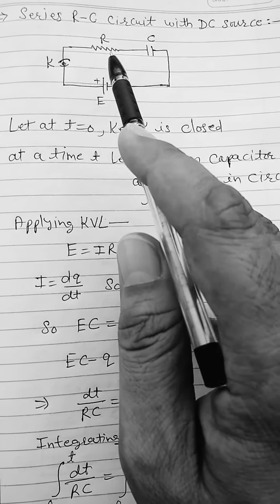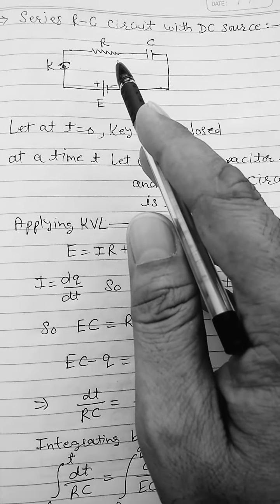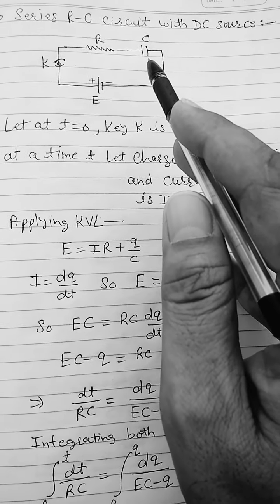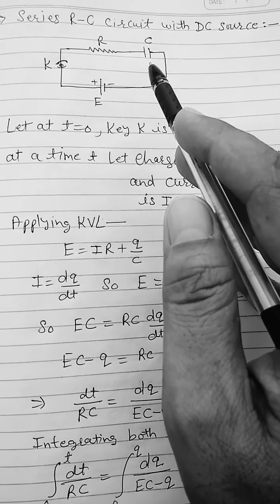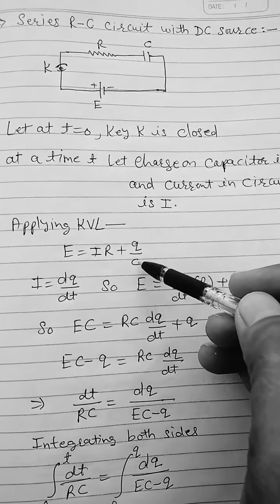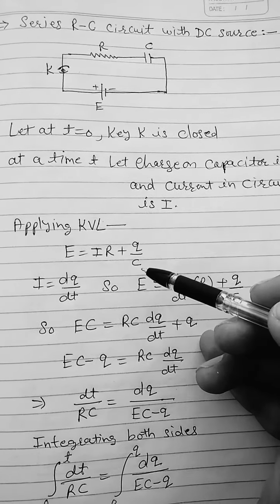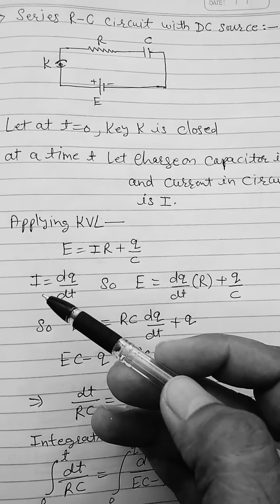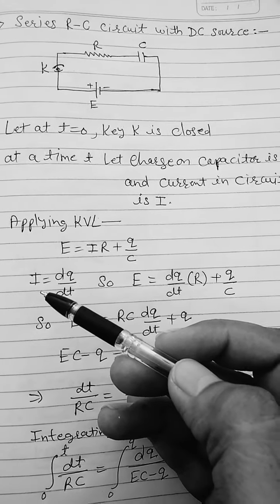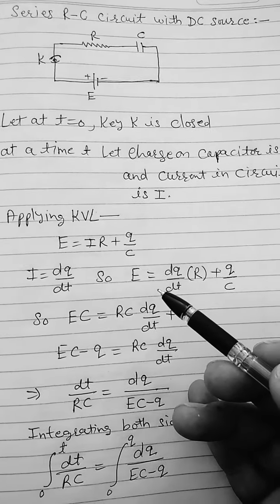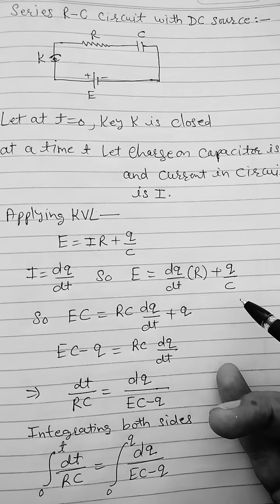There will be some potential drop on this resistance, that is I into R, and there will be some voltage of this capacitor also, that is V is equal to Q upon C. So here it will be E is equal to IR plus Q upon C. And we know that I is equal to dq upon dt. Rate of flow of charge is called current. So E is equal to dq upon dt into R plus q upon C.